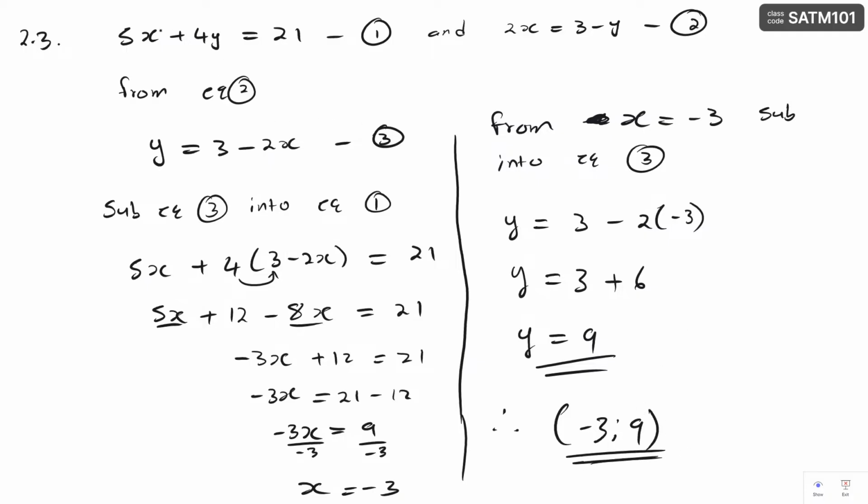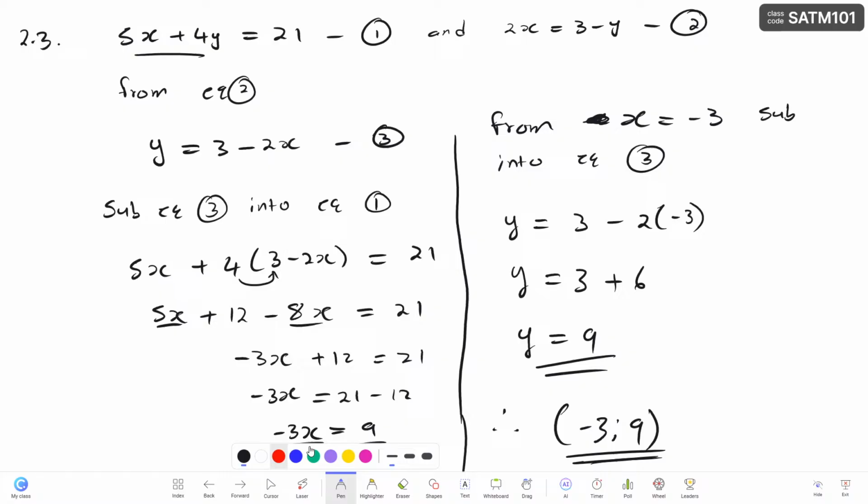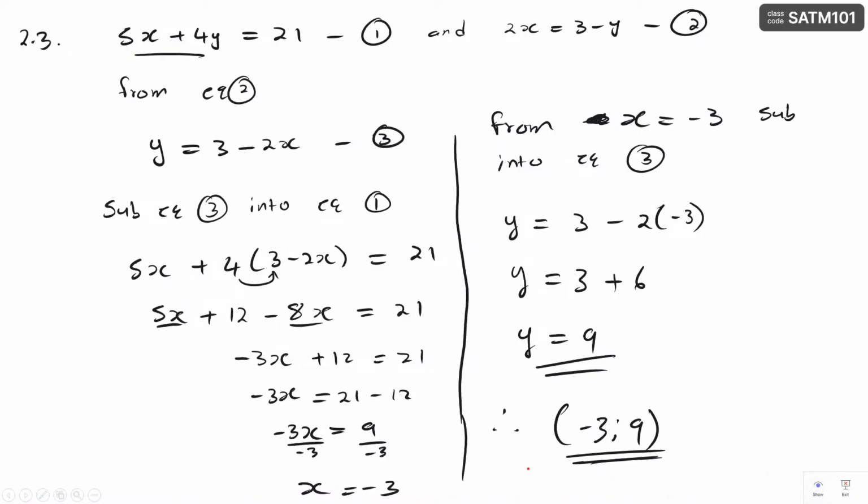So this point, you're going to substitute here. If you substitute here, it has to give you 21. And if you substitute this number here, it also has to give you the same answer. So let's check. This one is for proving if our coordinates or our points are correct.